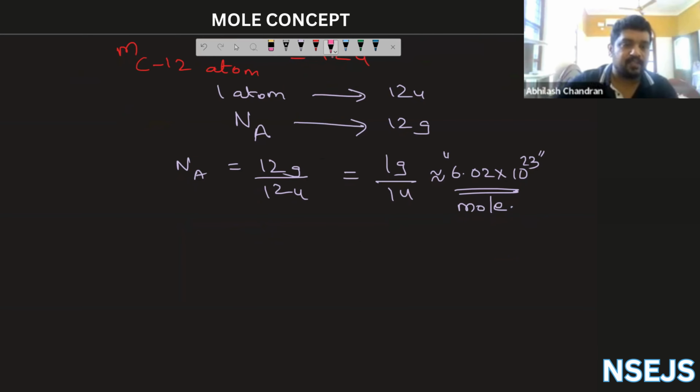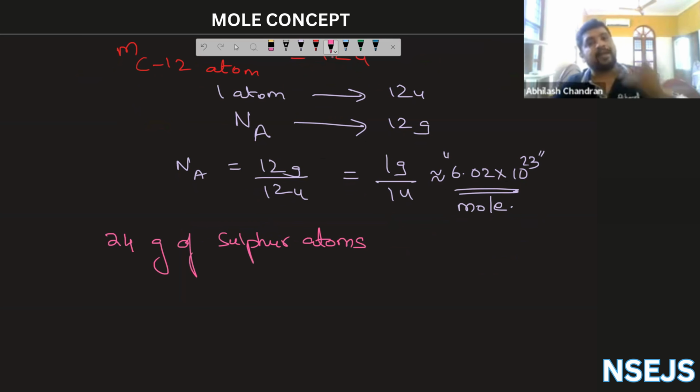For any substance, let's say I have 24 grams of sulfur atoms. Of course, I might not have actual atoms; they might be in the form of different types of molecules. Let's say I have crown sulfur, which is S8. But let's say I have 24 grams of sulfur atoms, sulfur 32.